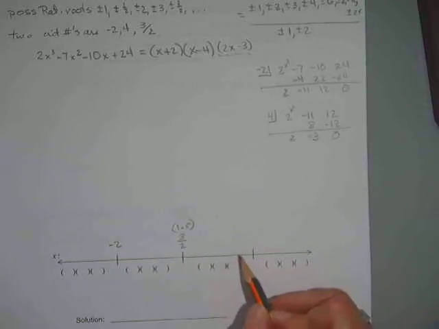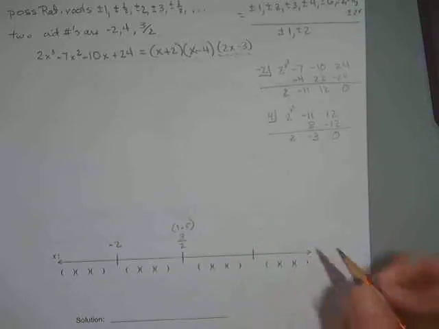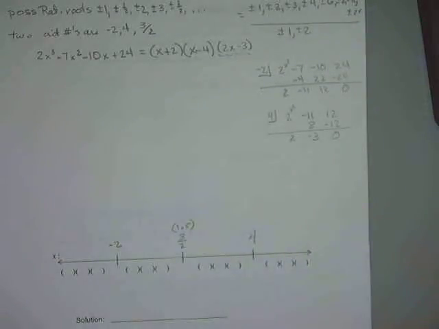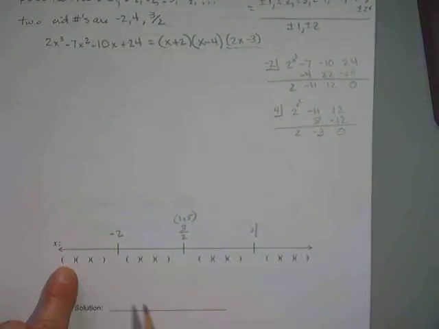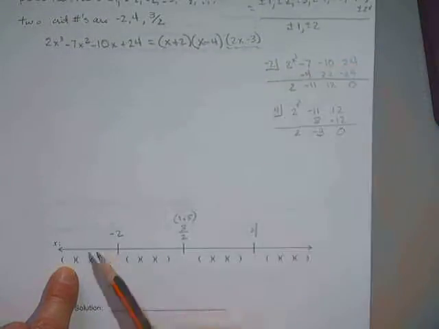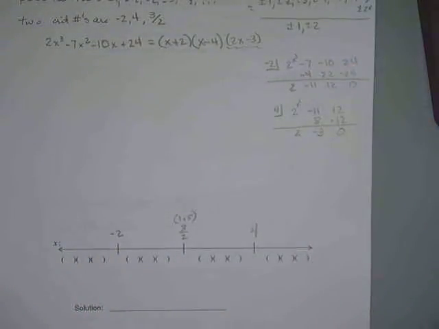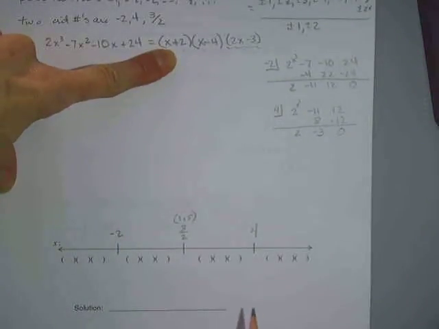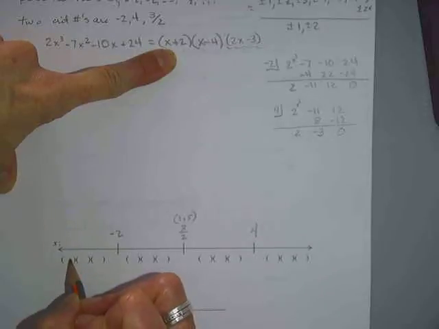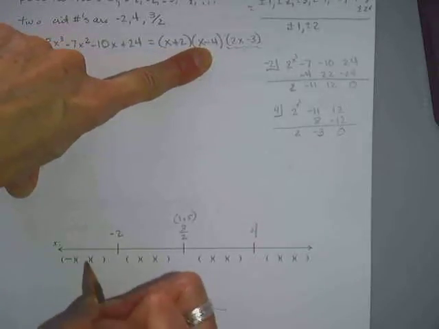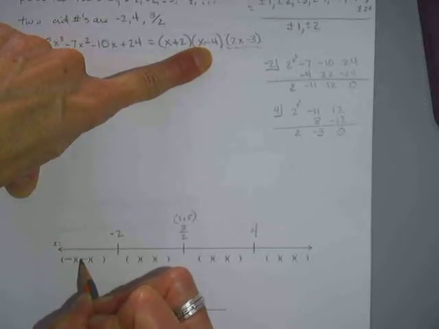All right, so let's put them on our number line. Which one goes first? -2, and then 3 over 2. If you want to write 1.5, that's fine, I don't care. And then the last one is 4. Okay. All right, here's our first one.